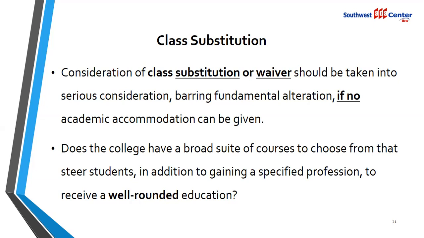Let me give you an example here. A student who is a journalism major, they want to be a newspaper person, they want to be a journalist. They have learning disabilities. Their learning disabilities happen to affect mathematics.